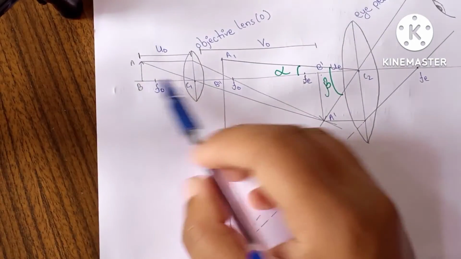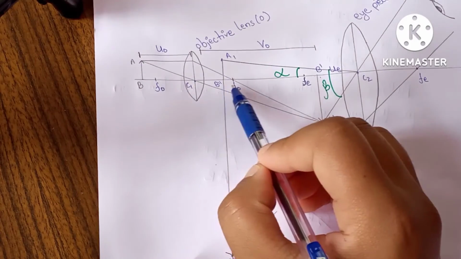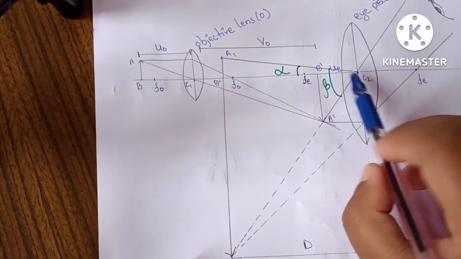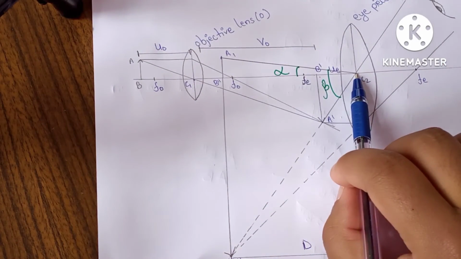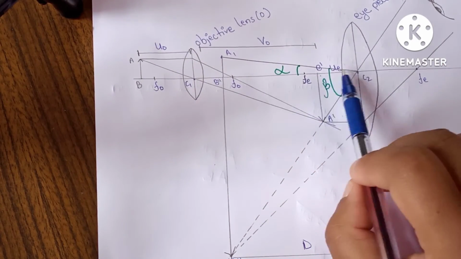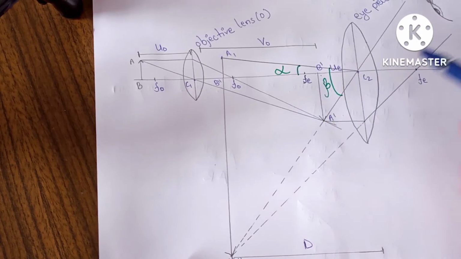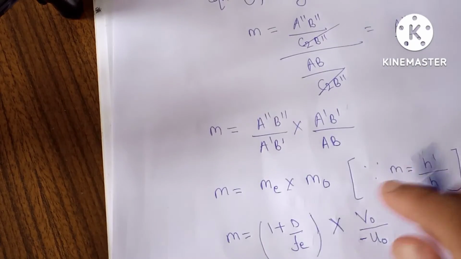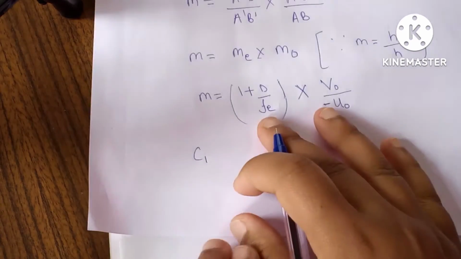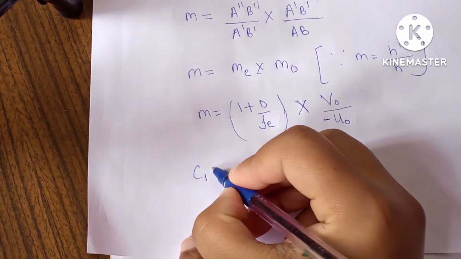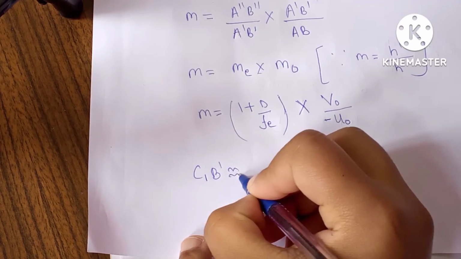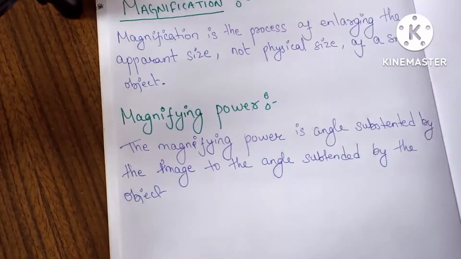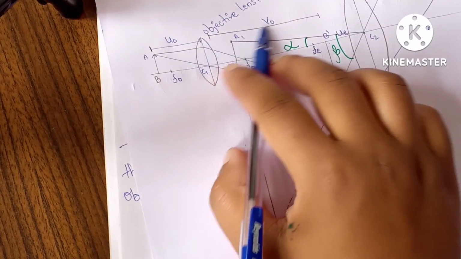Now this C1 B dash is nearly equal to C1 C2, by adjustment, because they don't have that much difference. So C1 B dash is nearly equal to C1 C2, which implies that C1 C2 is the length of this microscope.